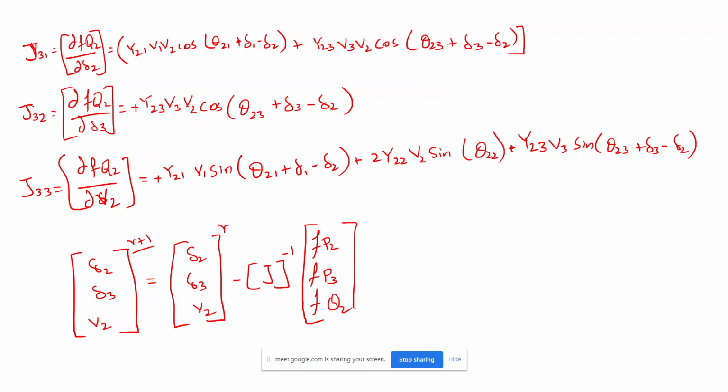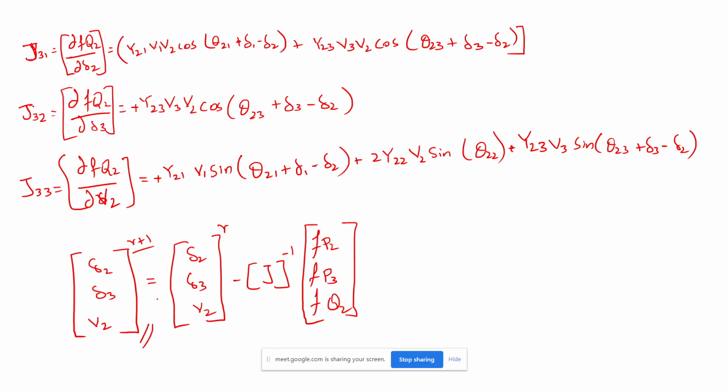If you solve this, you will get the new iteration. After finding the new iteration value, you need to check whether the old one and new one are within the limit, that is, the minimum convergence ratio that we are going to give.